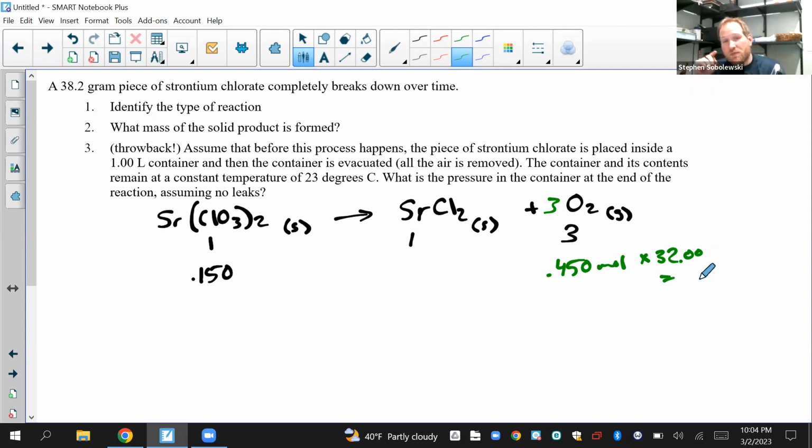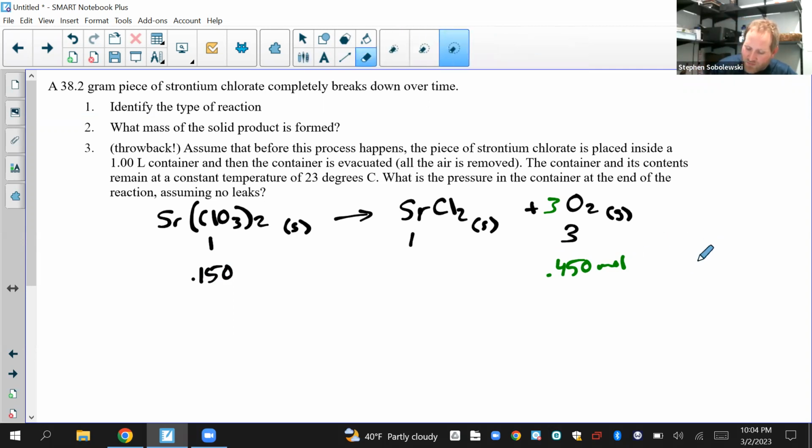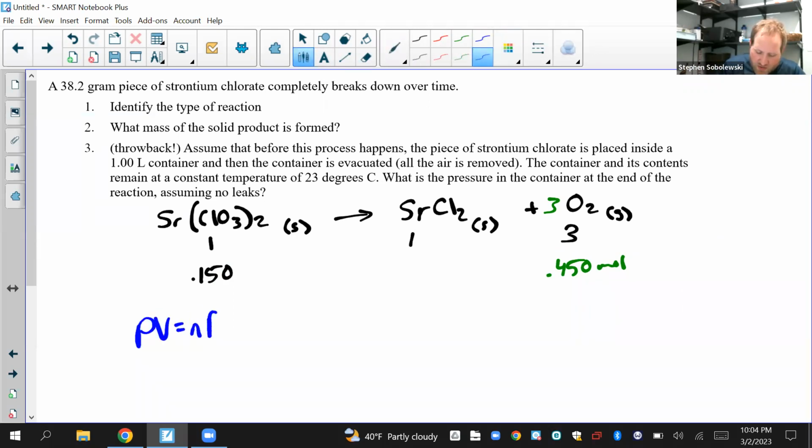We're going to be plugging moles into PV = nRT, not grams. So we actually don't want to do that. That right there is n. Okay, PV equals nRT. We are solving for the pressure. So pressure equals nRT over P. Nope. What is that? nRT over V.